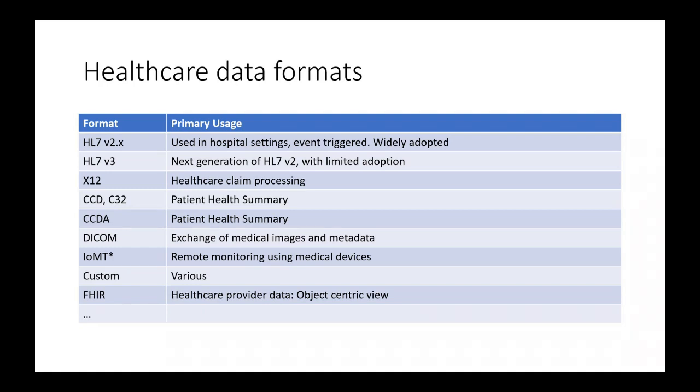The CCDA was called Consolidated Clinical Document Architecture. And here the consolidated refers to the consolidation of standards, not consolidation of patient data. Which was interesting because there were so many standards that they came up with one standard, a consolidation of different standards to generate a patient summary, which I think is quite popular now, and it's also been mandated by government in the US. So then you have the DICOM standard for exchange of medical images.